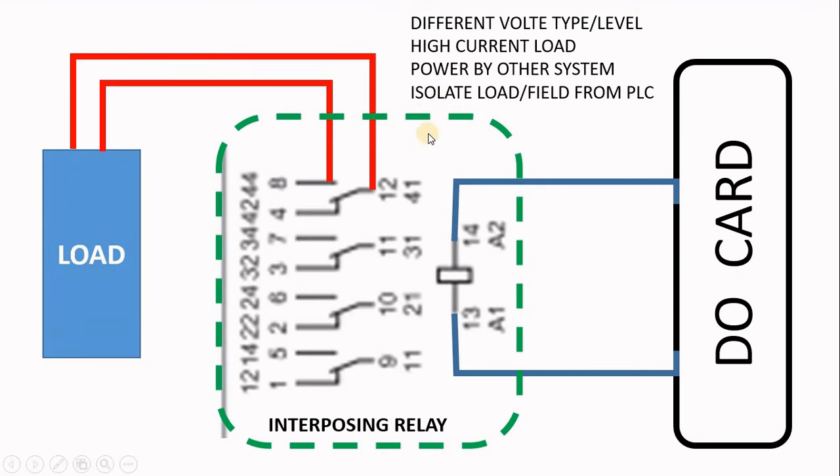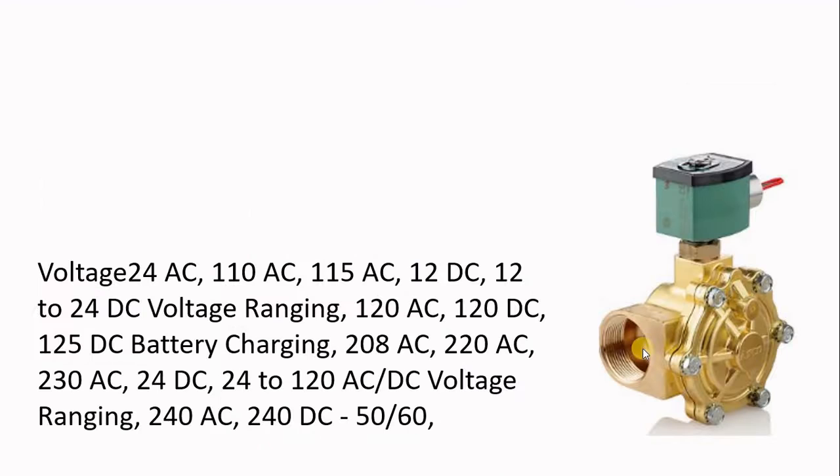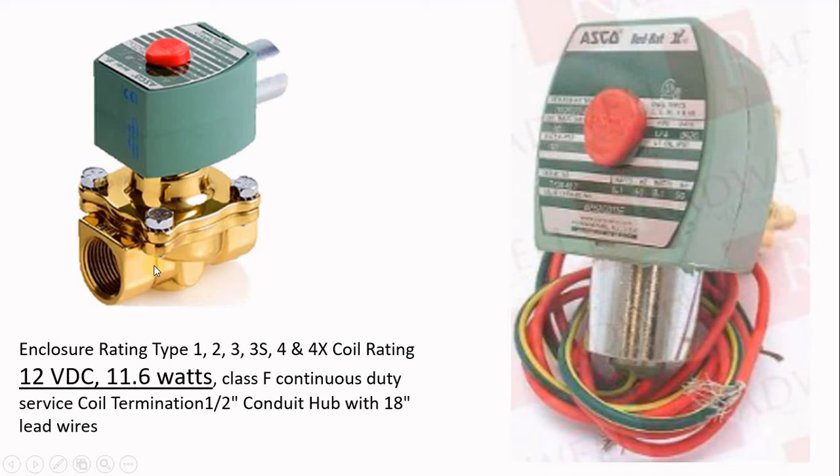The other reason to use an interposing relay is to isolate your load, field wiring, and problems from my PLC or my DCS. If you look at your solenoid, each solenoid has voltage and current expectations to start, hold, and maintain its position as on or off. You can see here this runs on 12 volt and takes 11 watts.